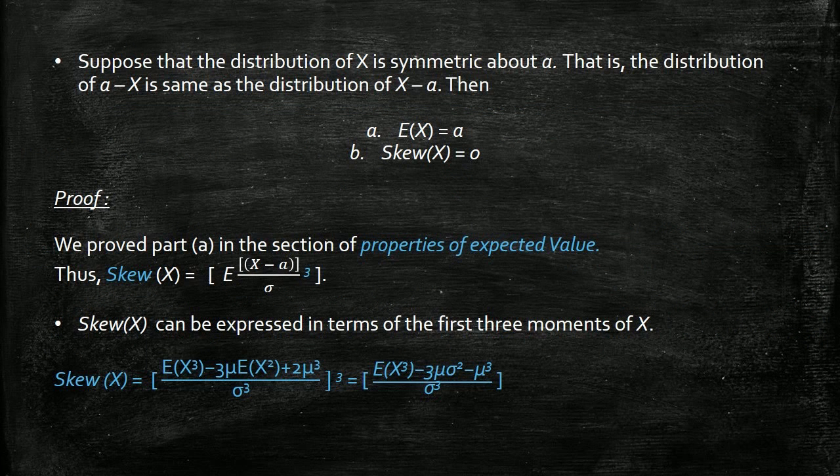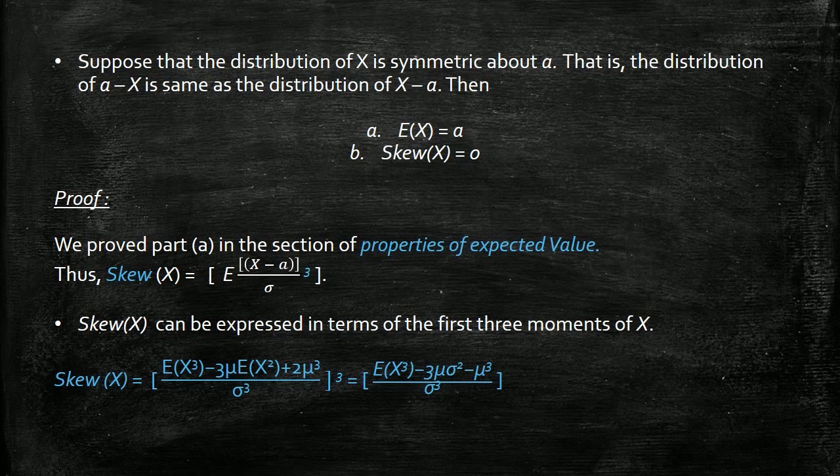Suppose that the distribution of X is symmetric about a. That is, the distribution of a − X is the same as the distribution of X − a. Then E(X) = a and skew(X) = 0. Proof: we proved part A in the section on properties of expected value.